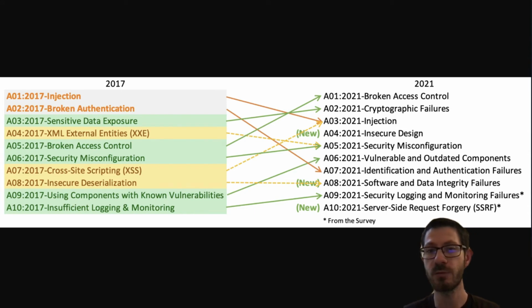So I really love the new name because it will bring the focus of developers and security teams not only on components that have known vulnerabilities, but it will make them, if they look into the top 10, update dependencies a lot more often.